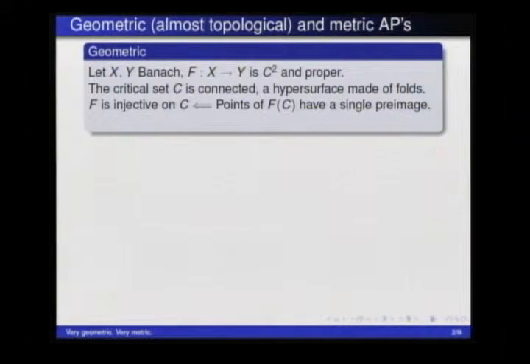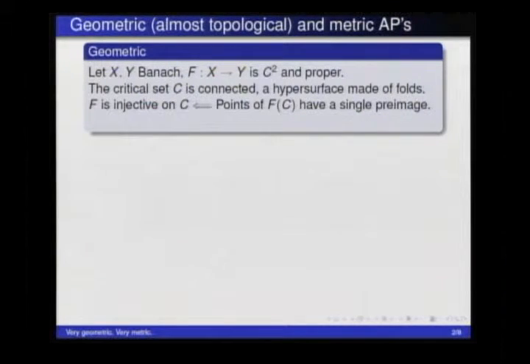And what we're saying is the following. Take a proper map, okay? In other words, infinity won't bother us. Then you look at the critical set, you cross your fingers so as to have the simplest possible critical set. It should be a connected hypersurface. Actually, all the examples people know are even more restrictive than that.